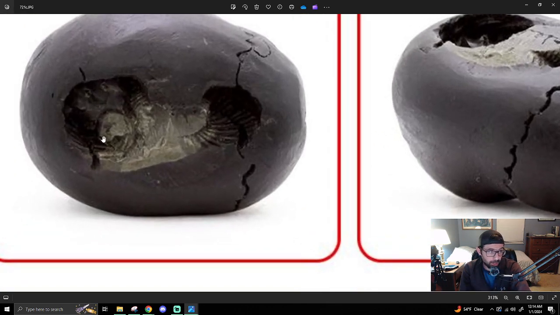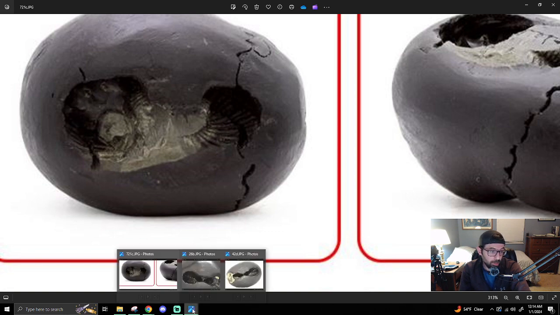So here's an example of a more etched edge than the one we were looking at here.